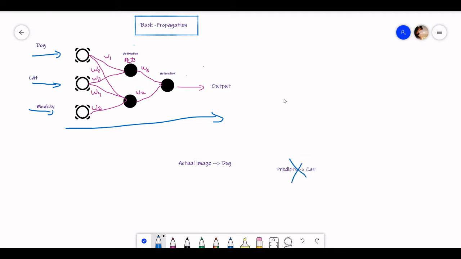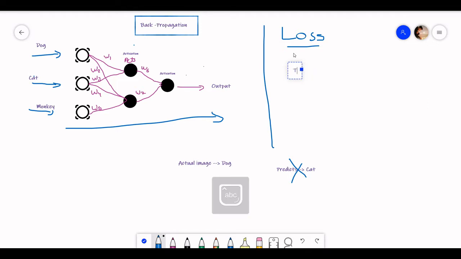So it simply means we have some loss in our model. To find that loss, we have many types of loss functions. We will talk about those types of loss functions in some other videos.